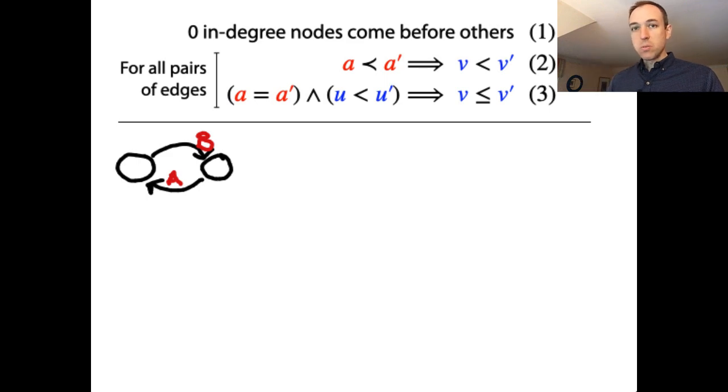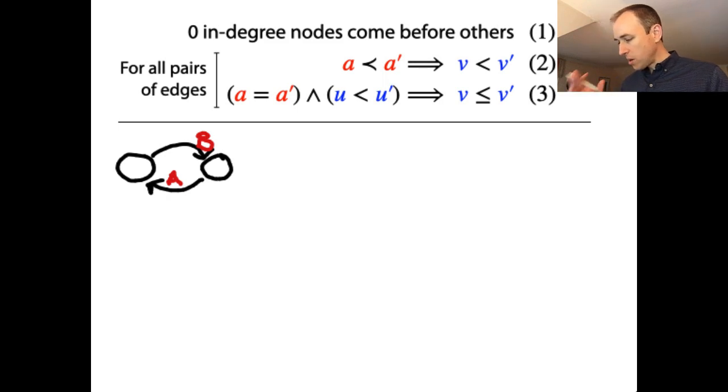Let's start with property 1. Property 1 says the 0 in-degree nodes come before the others. But that doesn't matter because in this case, there are no 0 in-degree nodes, right? So the proposition holds trivially. There's actually nothing in the set of 0 in-degree nodes, and so that property holds just fine. Okay, so rule 1 is taken care of.